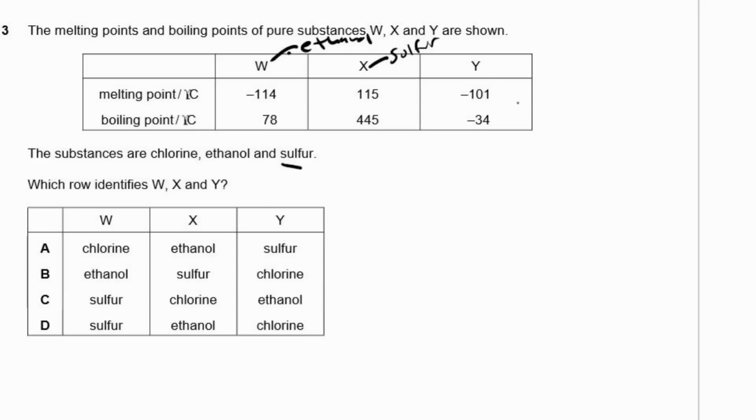It's almost at room temperature and pressure. It's going to be a gas, so that looks like chlorine. W would be ethanol. That looks like the answer is B. I'm going to circle it, but let's double check. X is sulfur. That's correct. Chlorine is Y. There we go. The answer is B.